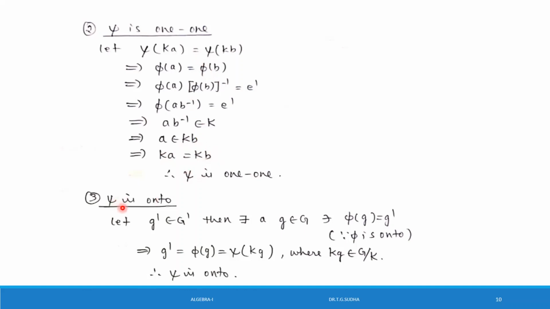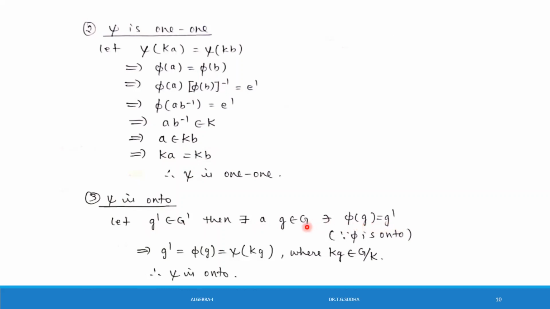Now let us prove that psi is onto. So let us take an element g dash in the codomain G dash. Since g dash belongs to G dash, there exists a g belonging to G. Under the mapping phi, phi of g will be equal to g dash because phi is onto.